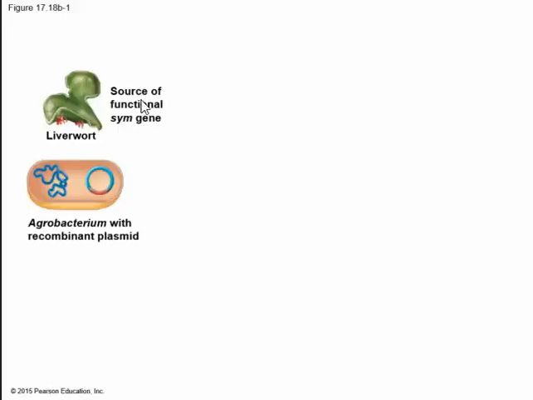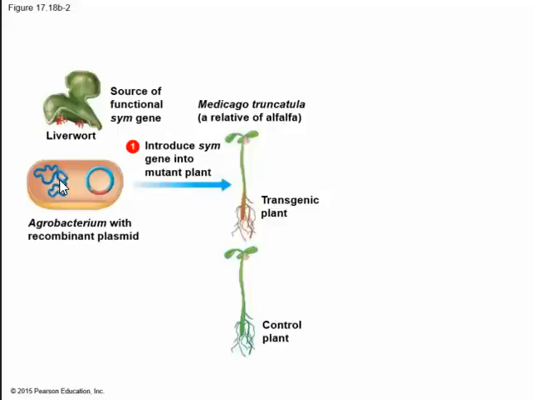Here's a source of the gene, a liverwort, and here's a bacteria with a recombinant plastid. A relative of alfalfa has a mutation. It doesn't have the gene. And the control plant does have the gene. Okay, we introduce the gene into the mutant plant.